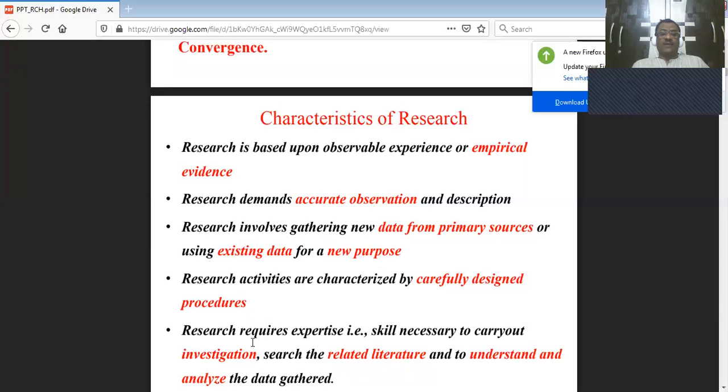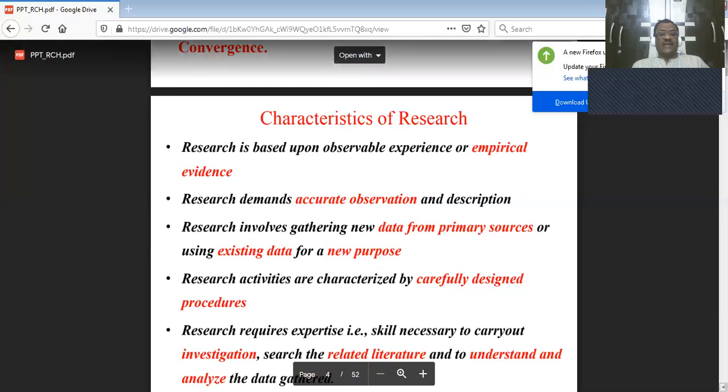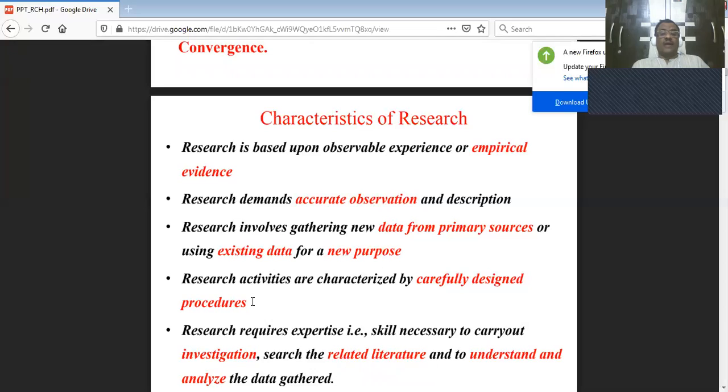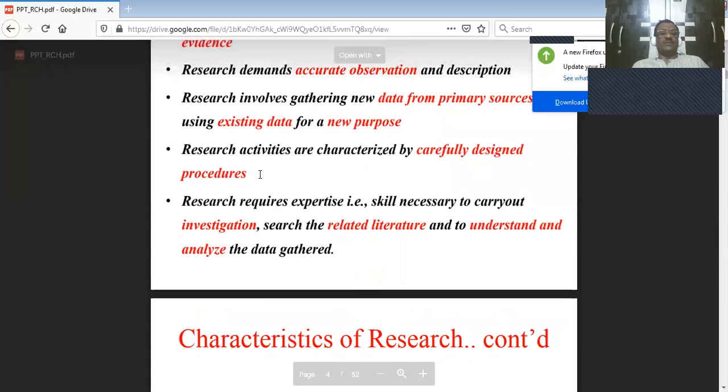There is an action plan for your research, and this action plan should be carefully designed. I'll give you the outline of how the action plan should be carried out. There are procedural formats to be taken care of.